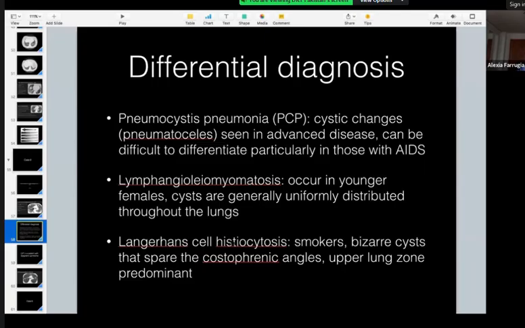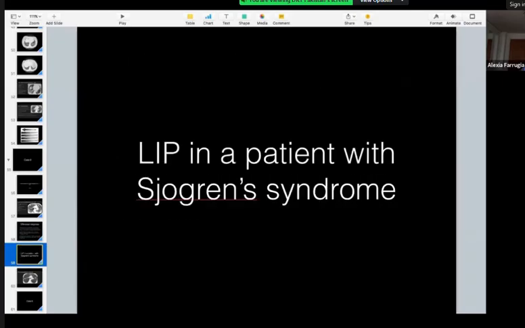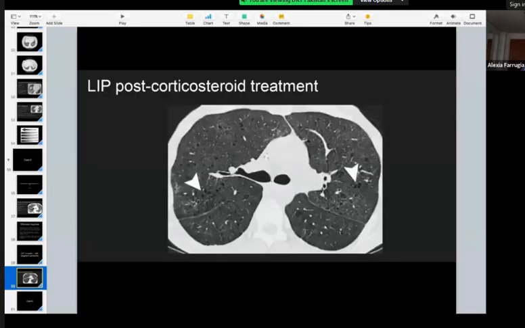And LCH, which we've excluded in this scenario because there was involvement of the costophrenic angles, and also the distribution was predominantly in the lower lobes as opposed to LCH, which is upper zone predominant. So that was the diagnosis for this case, and these respond very well to steroids. Okay.